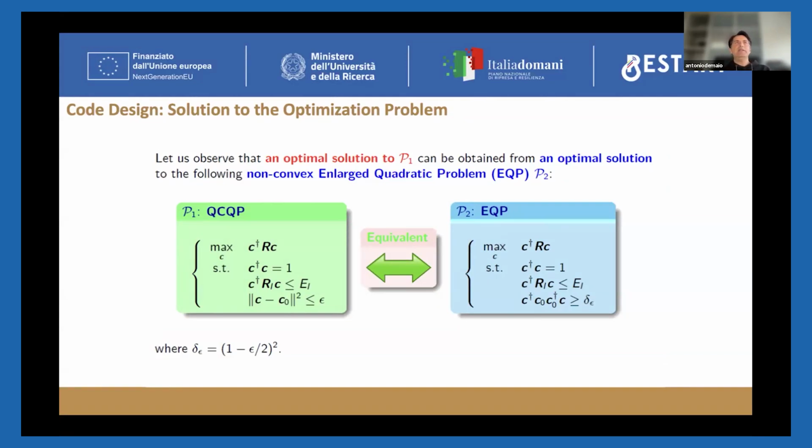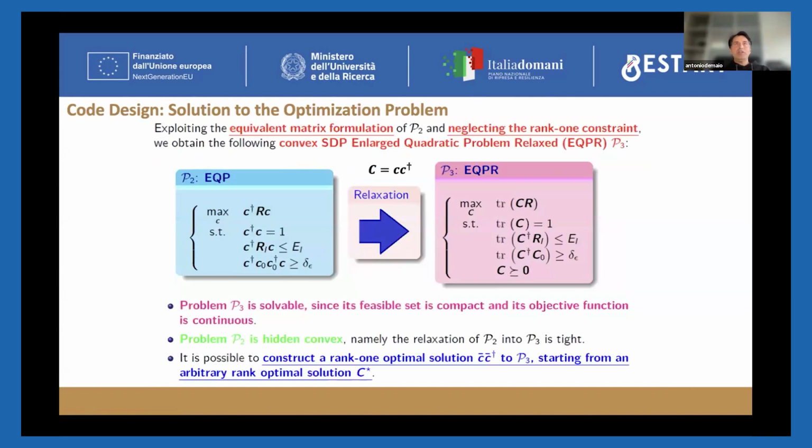And it is obtained just by reformulating the original similarity constraint, this one, as a homogeneous quadratic form. Specifically, it can be shown that the two problems are equivalent, which means that an optimal solution to P1 can be obtained from an optimal solution to P2 and vice versa.